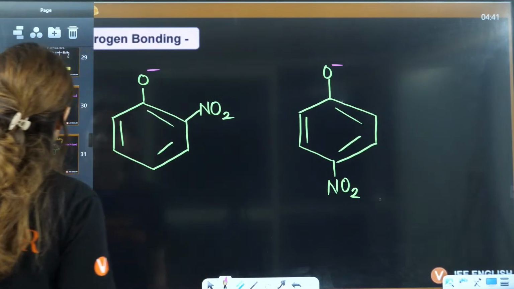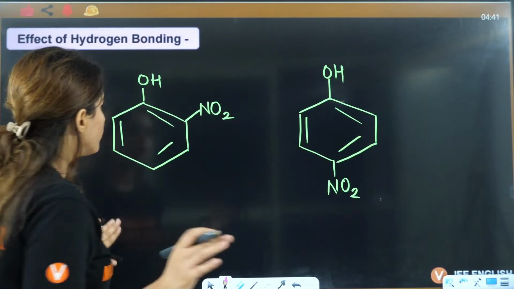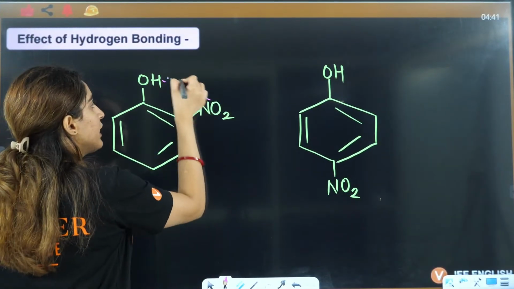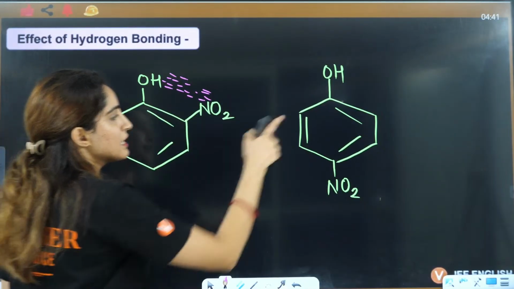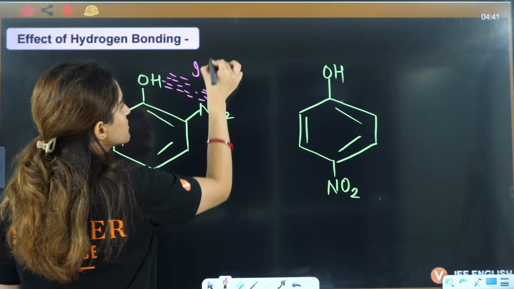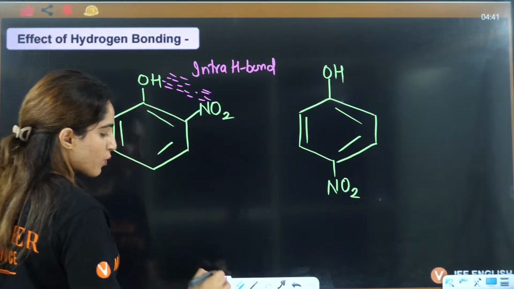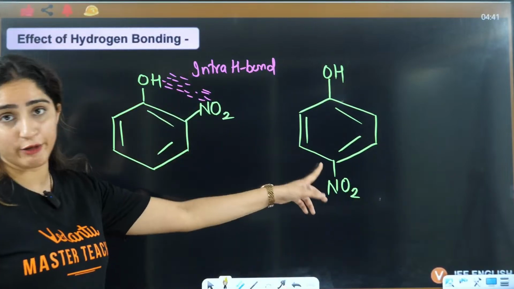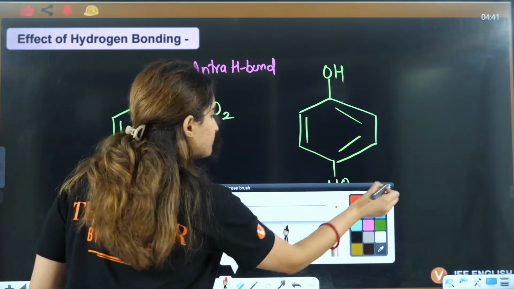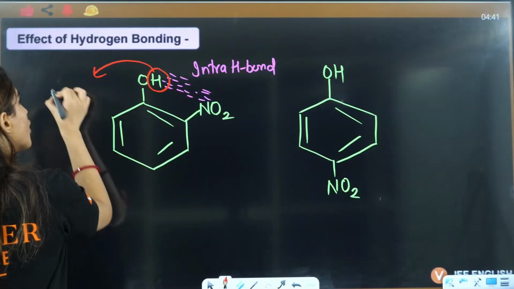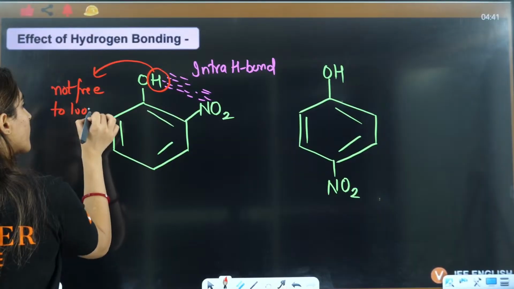That means here after losing no hydrogen bonding is there, but without losing it is making intra-hydrogen bonding here. Here you have no hydrogen, this is having intra-H bond, and this has no intra-H bond. This will have inter-hydrogen bonding, because this has intra-H bond, so this hydrogen here is not free to lose.